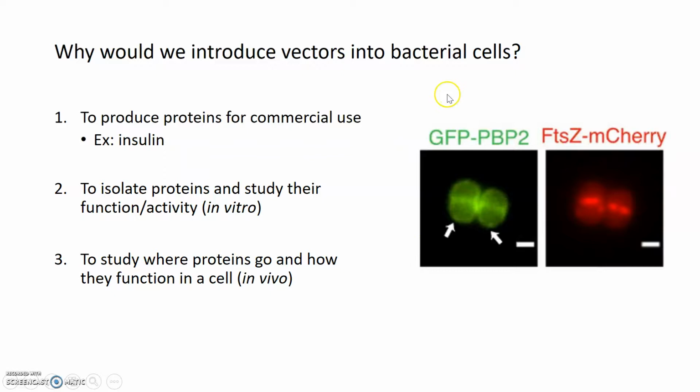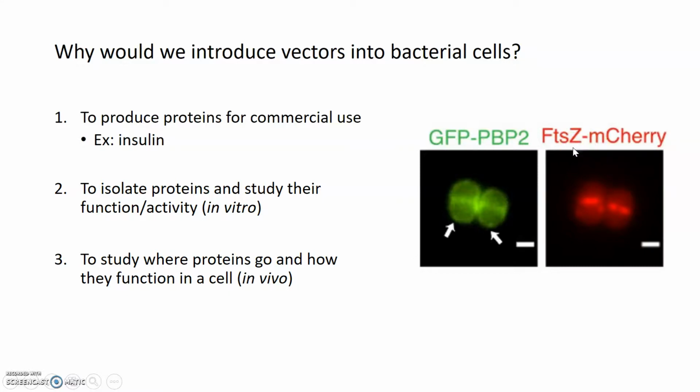And these are both produced by vectors introduced into Staph aureus bacteria. So these are Staph aureus cells expressing a GFP tagged penicillin binding protein, which will mark the cell wall of the Staph aureus. And these are Staph aureus expressing a mCherry tagged, or red fluorescent, FtsZ protein.